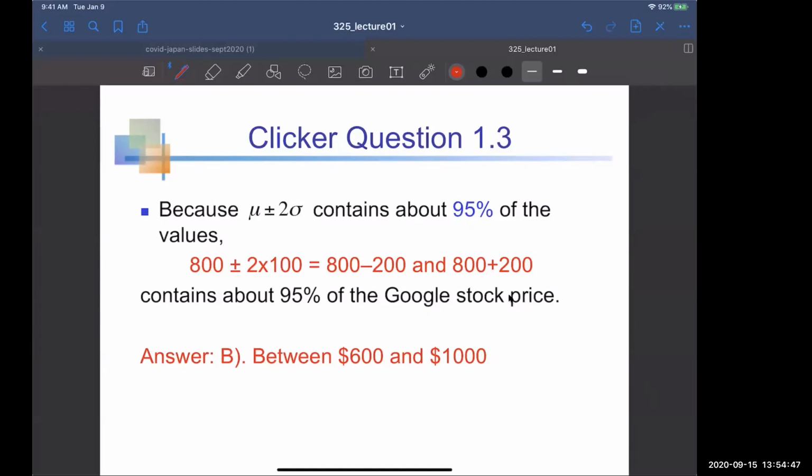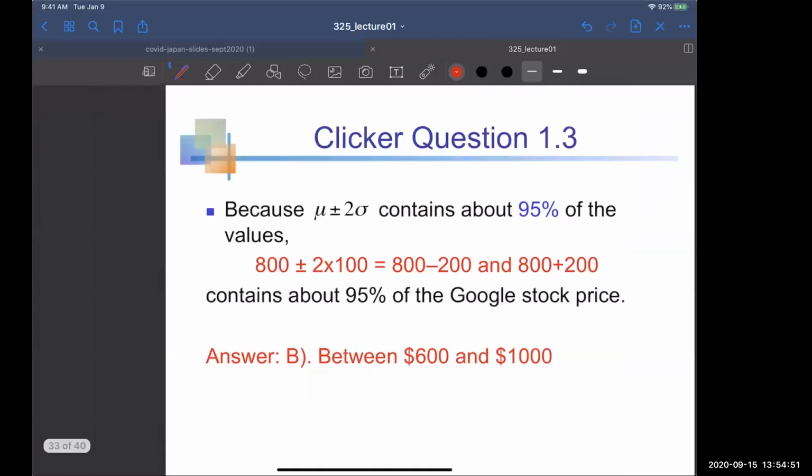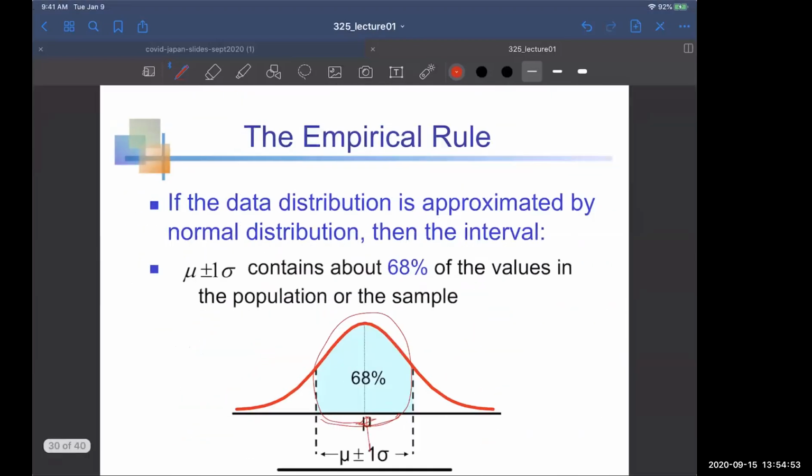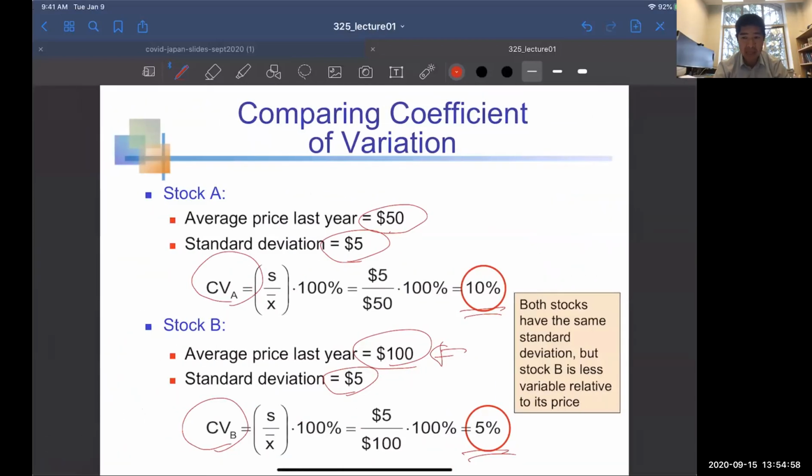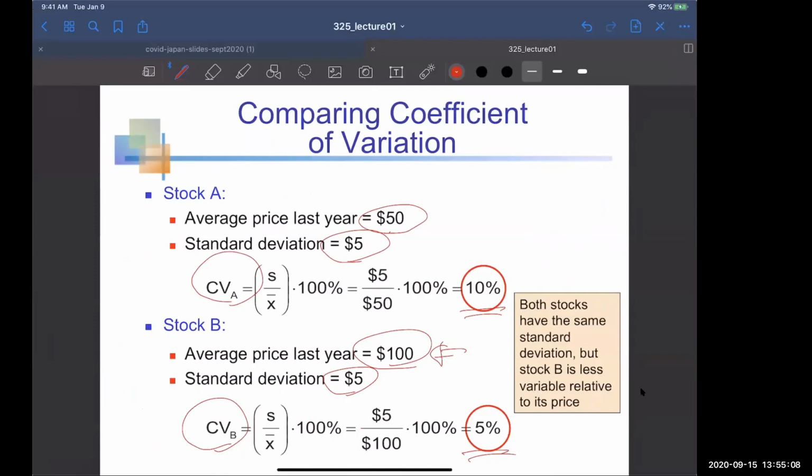So can we say the first one is more sensitive than the second one related to their prices? I think I understand what you're trying to say, but we don't use sensitive as a word to describe that. I'm gonna say more variable or more uncertain.